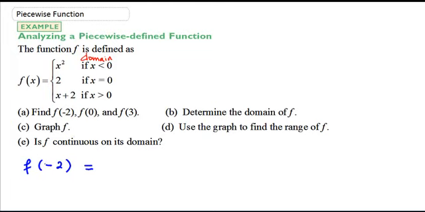They're asking us to evaluate f of minus 2. So what we do is go and read the domain and see which domain minus 2 belongs to. Minus 2 is less than 0. So that means minus 2 belongs to the first domain here, because this domain is x values less than 0.